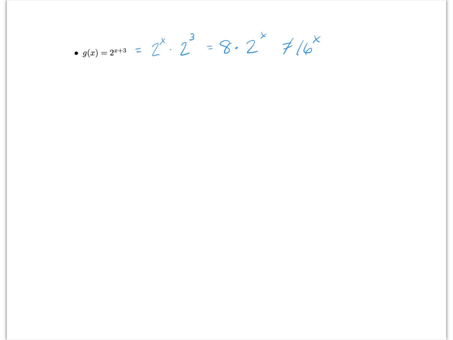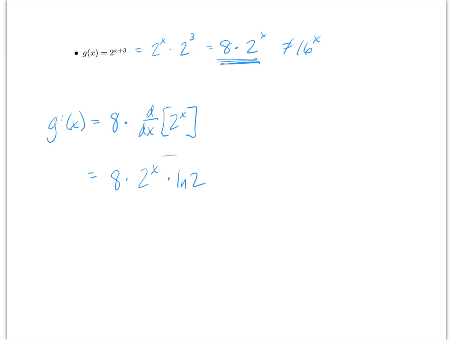All right, so we just have 8 times 2 to the x. There's our function. And to find the derivative, I'm going to use the rule that says when you have a constant, it just sort of comes along for the ride. It's going to be 8 times the derivative of 2 to the x. So that's going to be 8 times 2 to the x times the ln of 2.